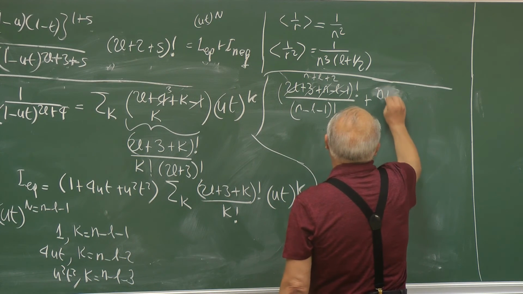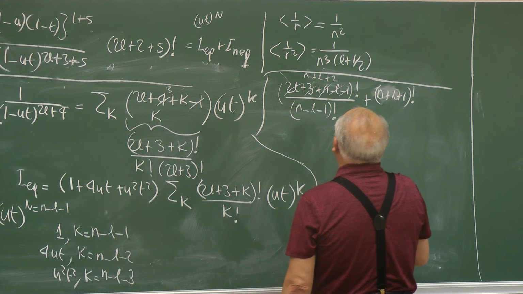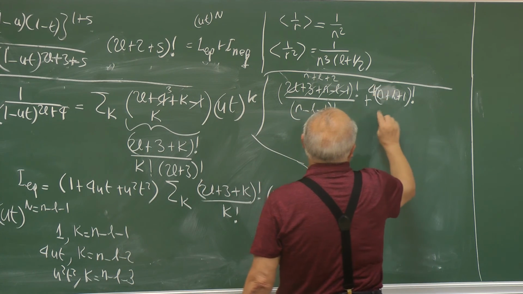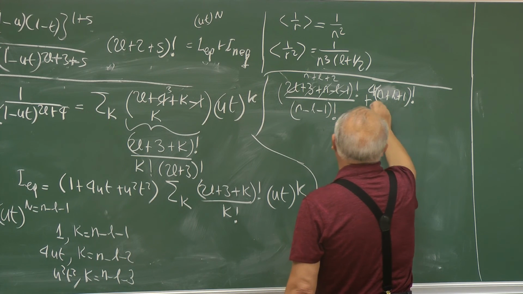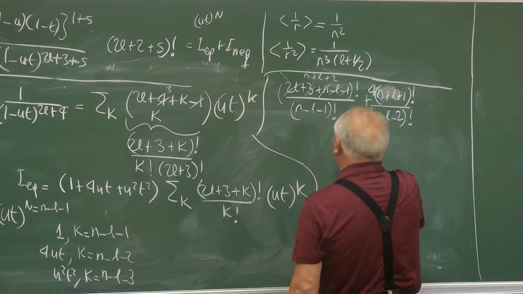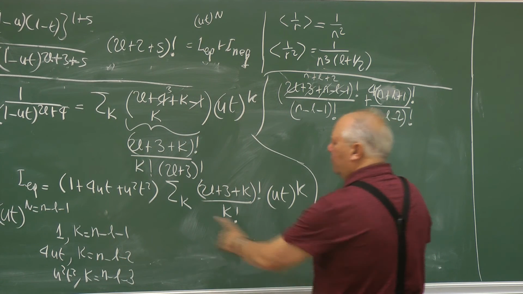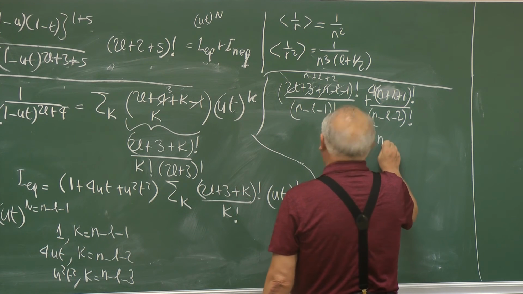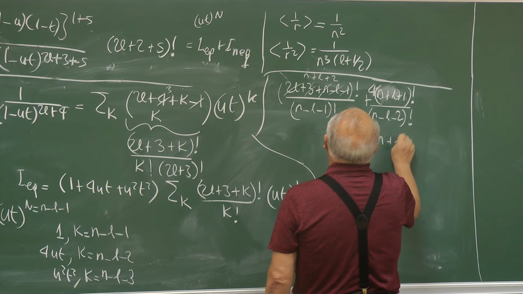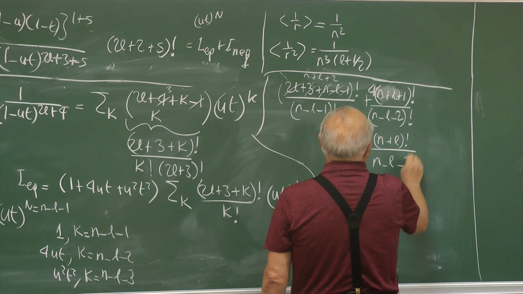Then I will have (n+l+1)!, this will be associated with that, so it is 4 (n+l+1)! divided by (n-l-2)!, plus the coefficient is again 1 times (n+l)! divided by (n-l-3)!.